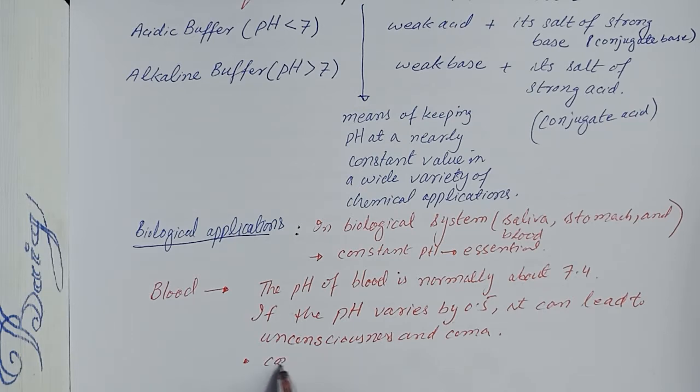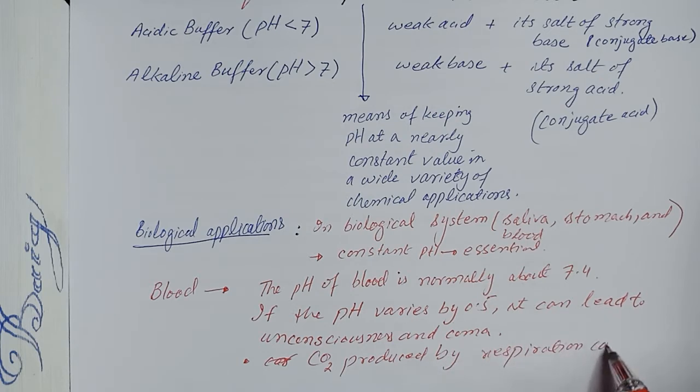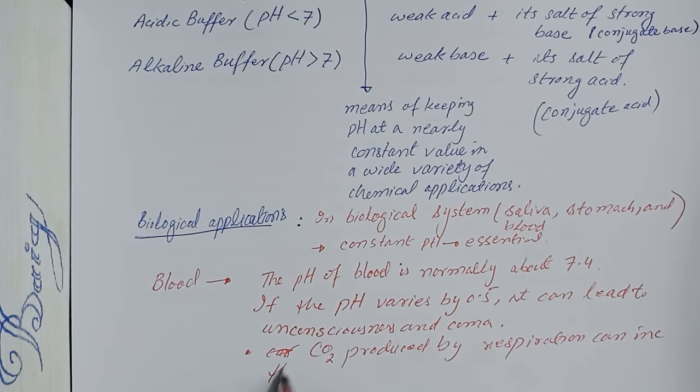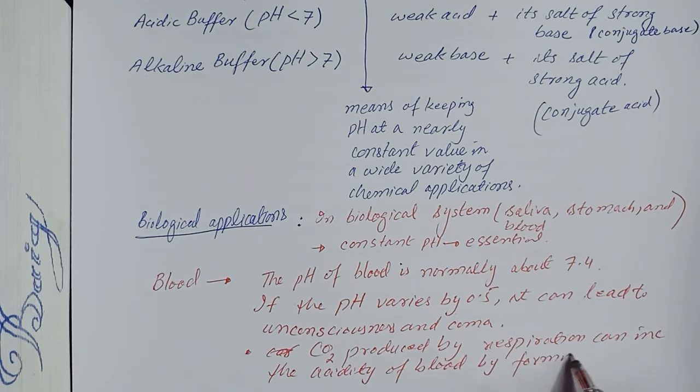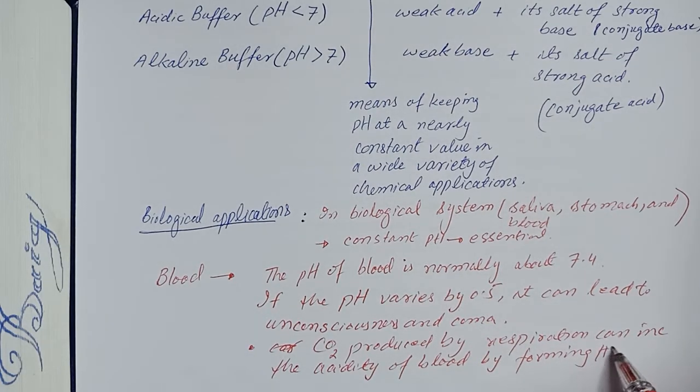Carbon dioxide that is produced by respiration can increase the acidity of blood by forming hydrogen ions in aqueous solutions.